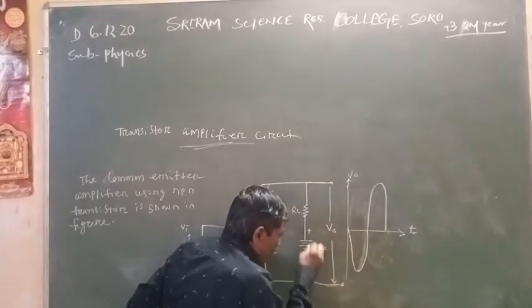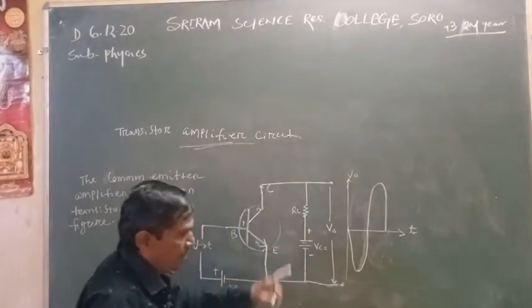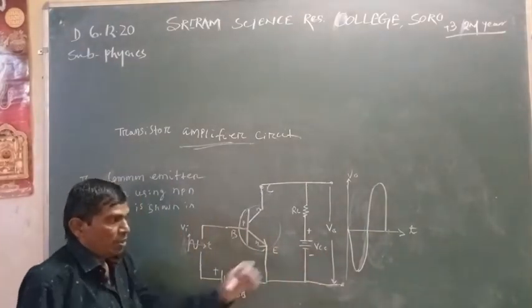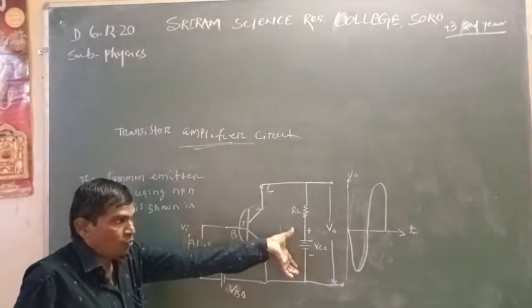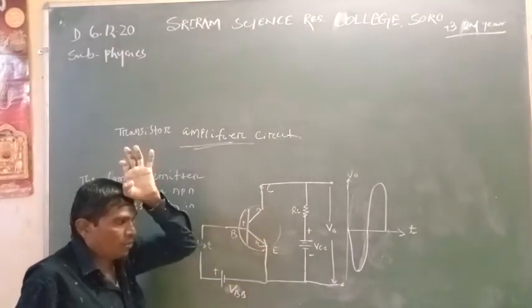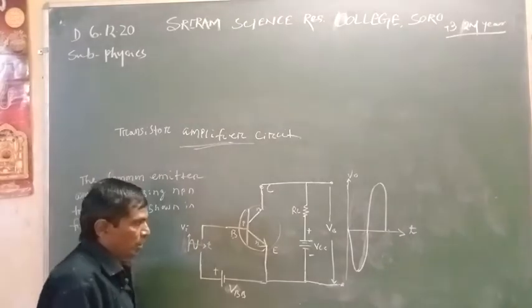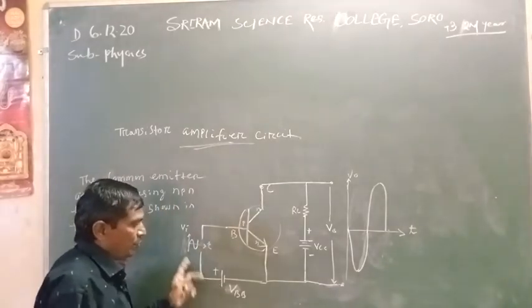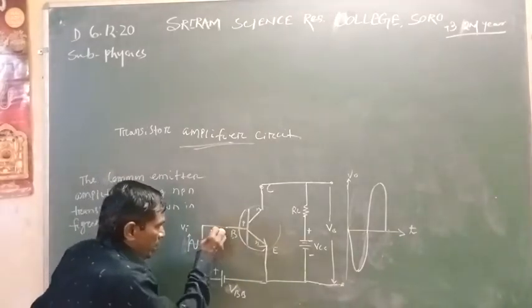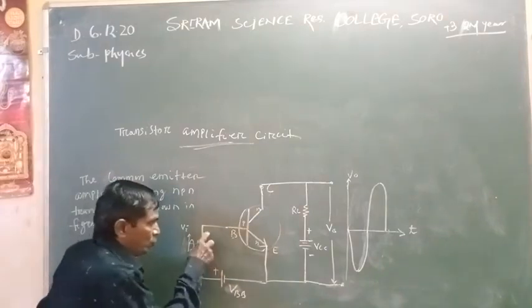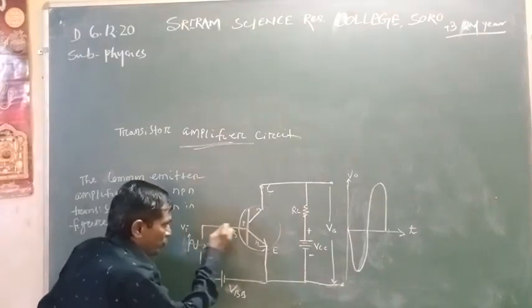This is the positive supply and negative terminal of a battery connected in the output circuit of a common emitter amplifier circuit. Now after amplification, the current will pass to the input circuit.